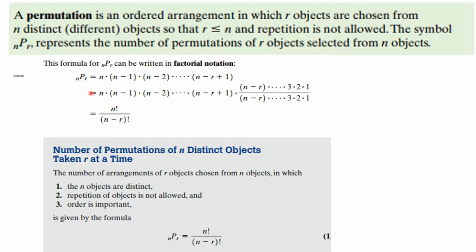So you see nPr is going to be this number, but if we multiply top and bottom by this, we get this complicated looking formula. But that is the formula, and there are ways for you to do this with a calculator, and you should know how to do the nPr with your calculator. You can look that up under permutations, and that will simplify this calculation. So the objects have to be distinct, repetition is not allowed, and order is important. Then this is the formula.